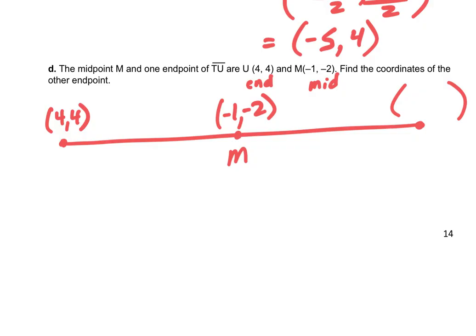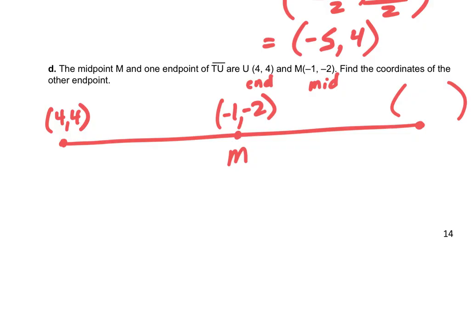If I was going to start at 4 on a number line and I move back to negative 1, how many units would I have to move? Which direction? Left, actually. That's why doing it on a number line sometimes doesn't necessarily work for both, so that might be a little confusing to some of you.